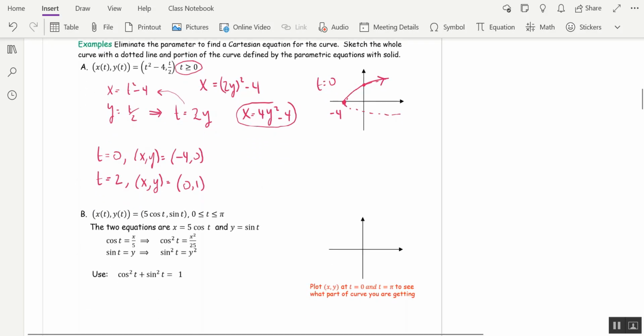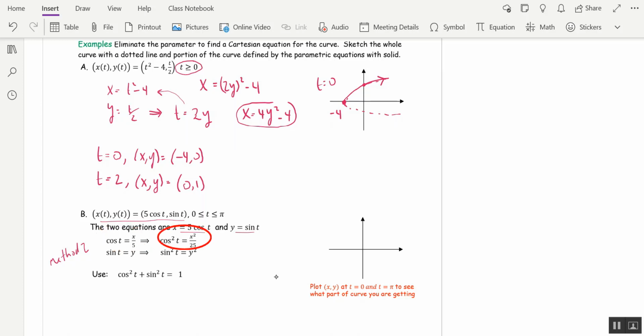Okay, when you see trig equations, you want to use method 2. So method 2 says to use the Pythagorean trig identities. What I've done is I've written out this parametric equation as 2 equations, and I'm going to solve for cosine t and for sine t. So cos t is x over 5, so I square that.